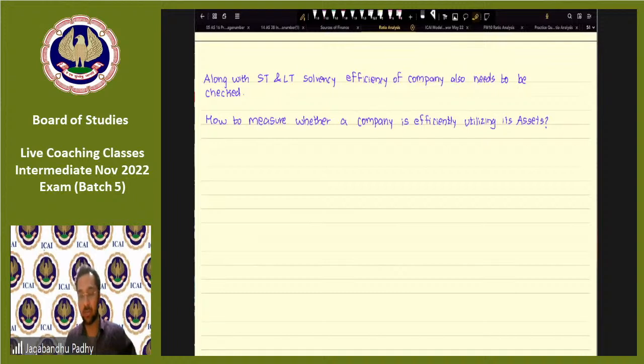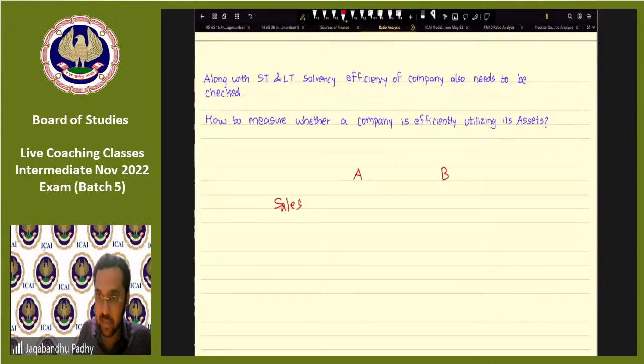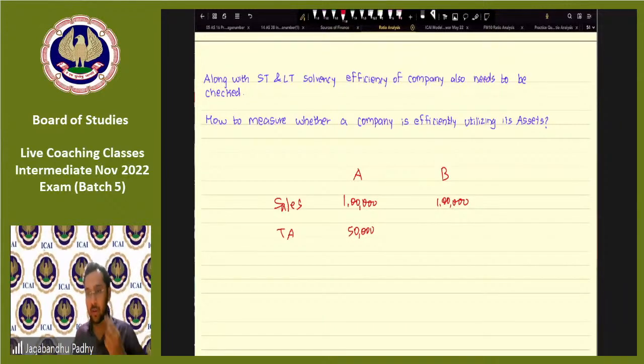So let's say we have two companies, A and B. Company A has sales of 1 lakh. Company B also has sales of 1 lakh. But company A has total assets of 50,000, and company B has total assets of 20,000.